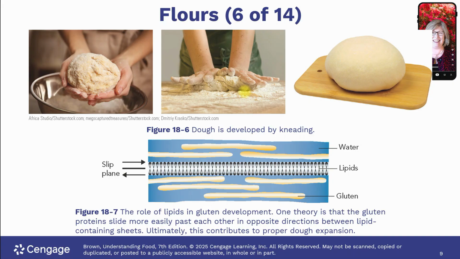What this is showing you here is the role of lipids in gluten development. So one theory is that the gluten proteins, which would be the combination of gliadin and glutenin, slide more easily past each other in opposite directions between lipid-containing sheets, and ultimately this contributes to proper dough expansion.